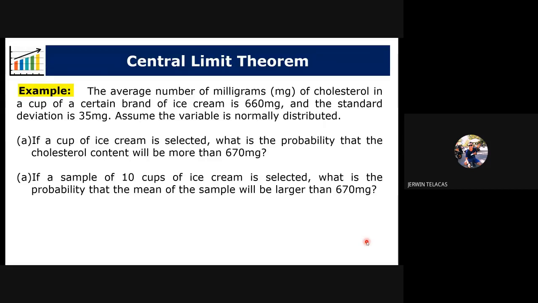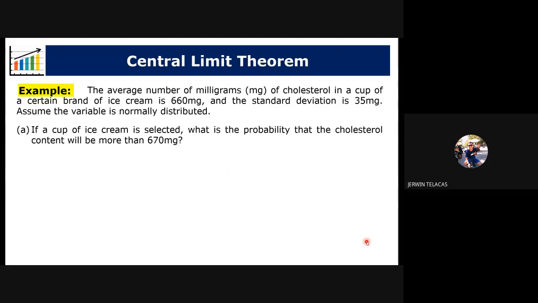Now, how are we going to address, how are we going to attack these 2 questions? Now, let's consider the first one. If a cup of ice cream is selected, what is the probability that the cholesterol will be more than 670 milligrams? So we are talking about probability again. So we will be using the normal distribution. We will be using the Z table, the one with the areas.